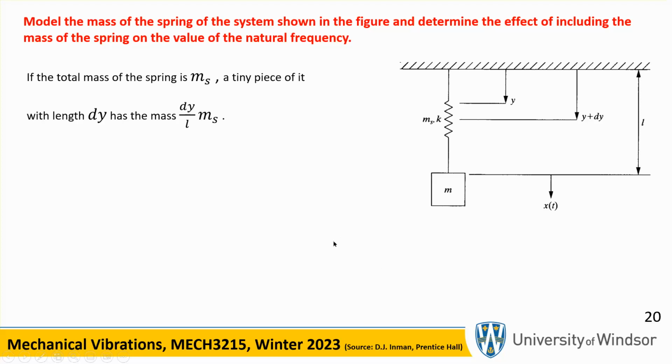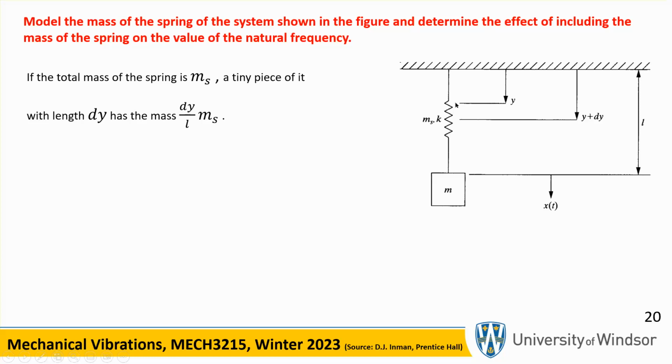All right. First of all, let's assume that the mass of the spring is ms. If you take a tiny piece of it, for example, of length dy, so dy, see, this is dy right there, going from y to y plus dy.